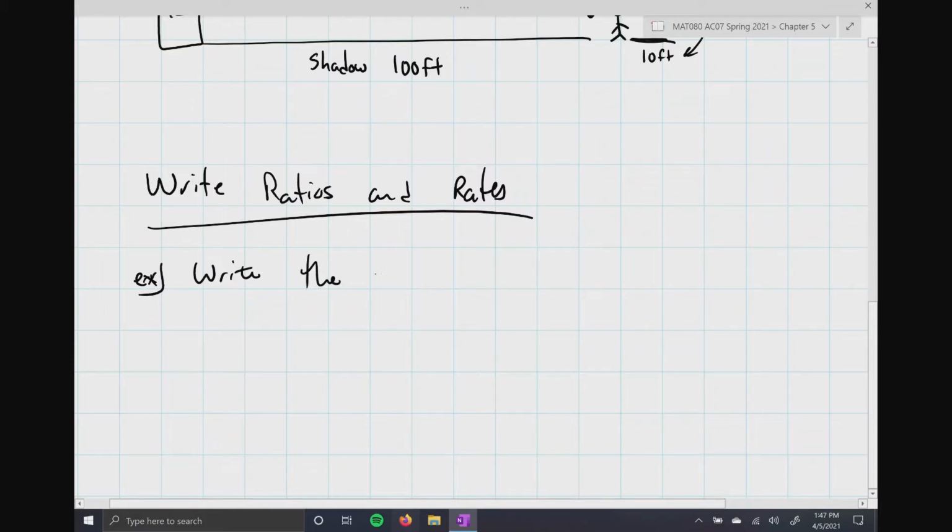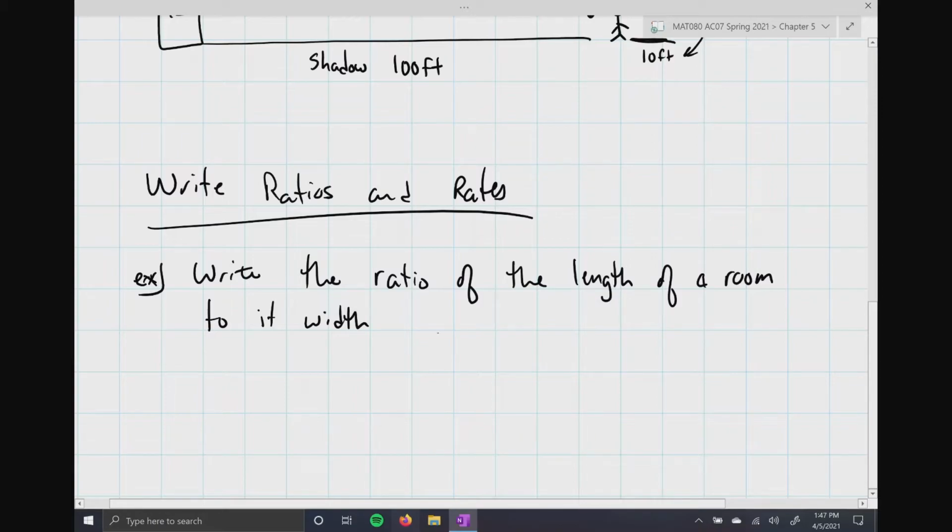Write the ratio of the length of a room to its width if the room is 30 feet by 24 feet.